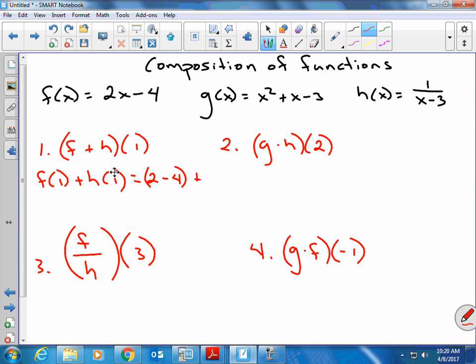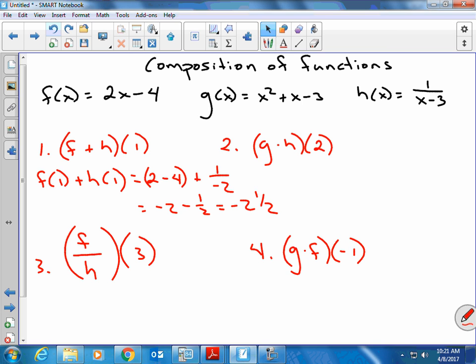Plugging in 1 for h, I get 1 over negative 2, correct? Putting in a 1 here for x. So on this first part, I get negative 2 minus a half equals negative 2 and a half. F of 1 plus h of 1 is negative 2 and a half.